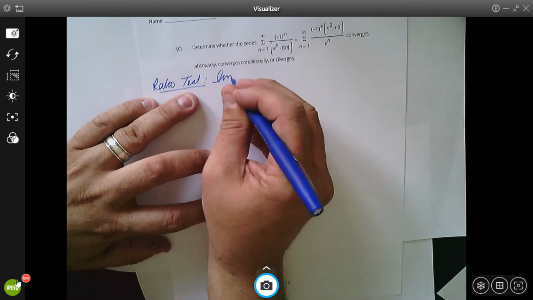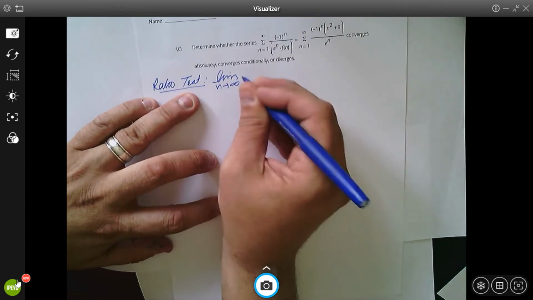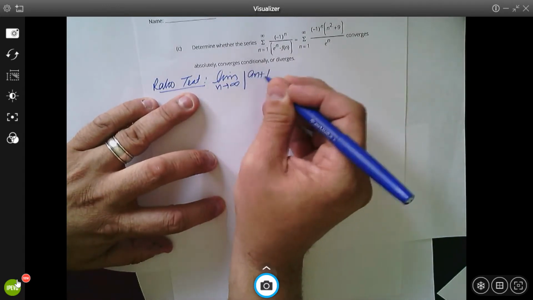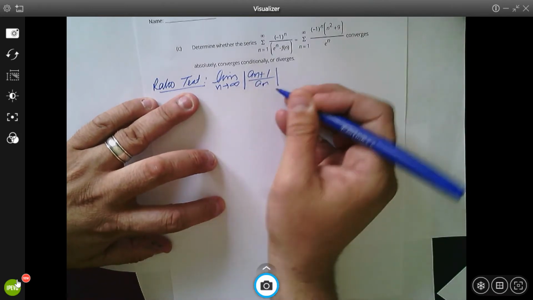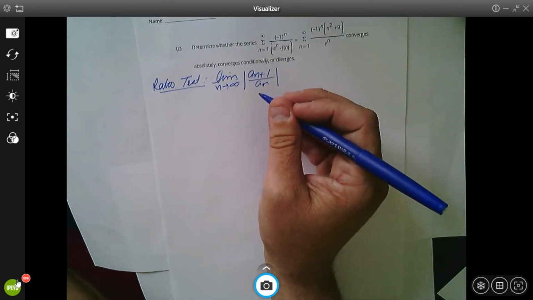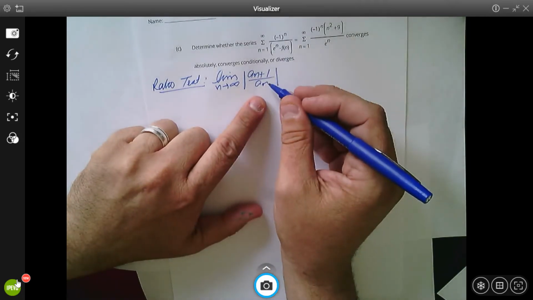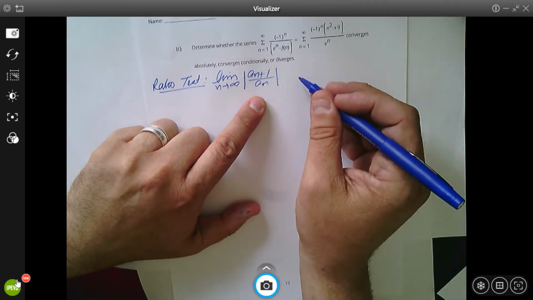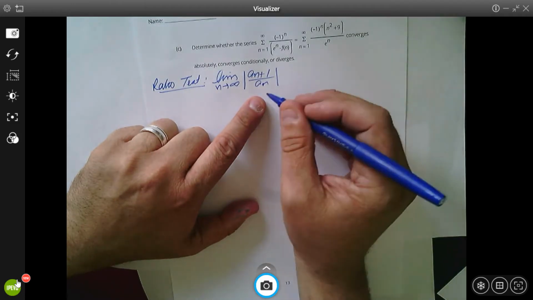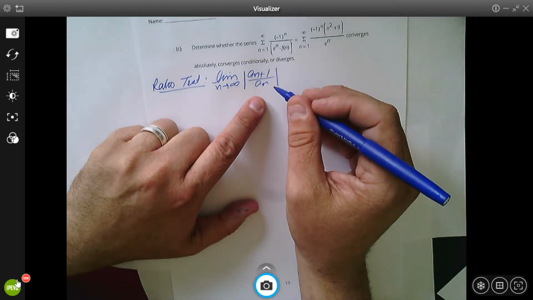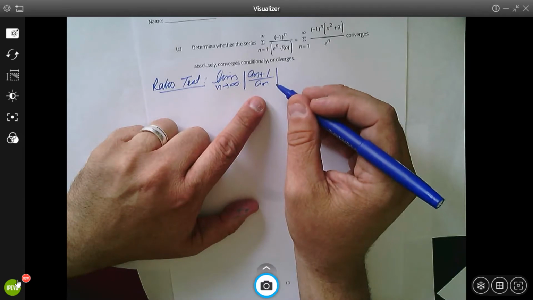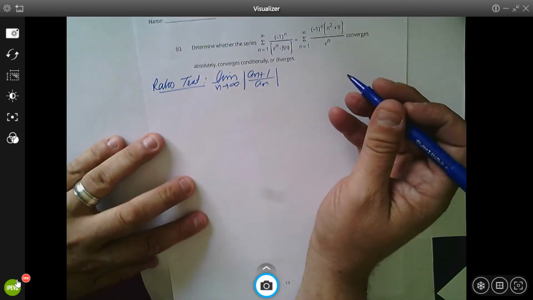You're going to find your limit as n approaches infinity of the absolute value of a sub n plus 1 over a sub n, and you're going to compare this to 1. If the limit is less than 1, your series is going to converge. If the limit is greater than 1, then your series is going to diverge.